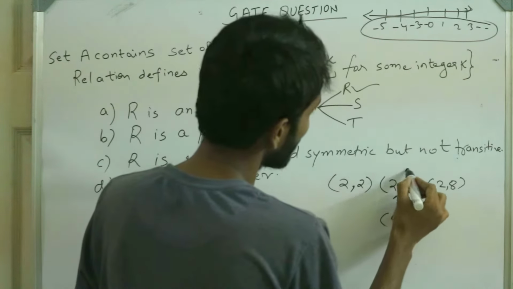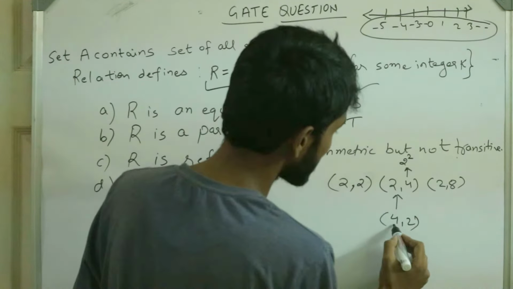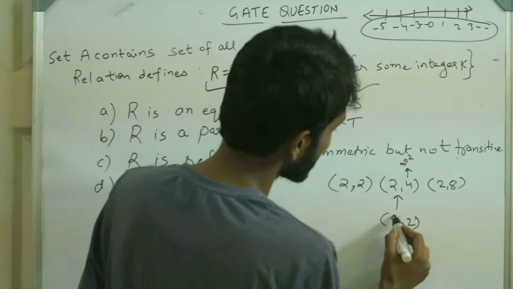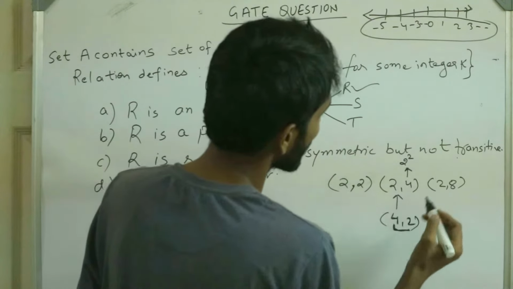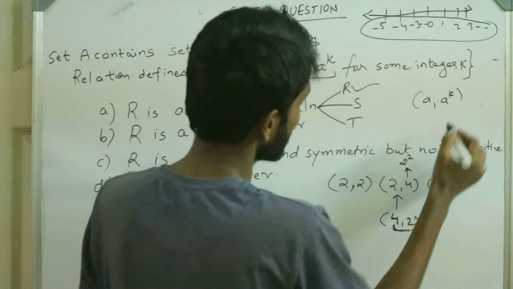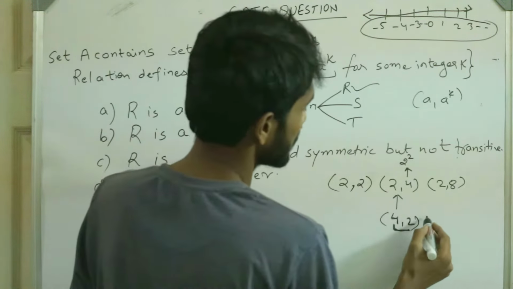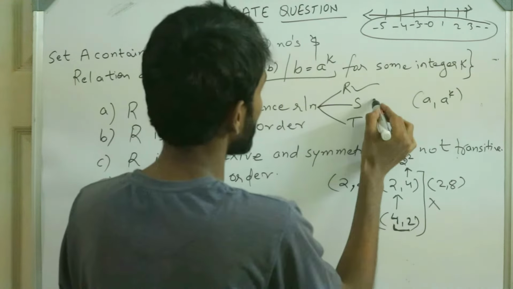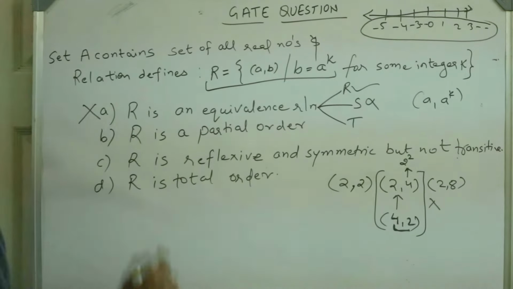You can write 4 as 2 to the power of 2, but you can't write 2 as 4 to the power of k. What does the relation define? a, a to the power of k. You can write 4 by using 2, but not 2 by using 4. So it does not satisfy the symmetric condition. So symmetric is false, so this option is also false.